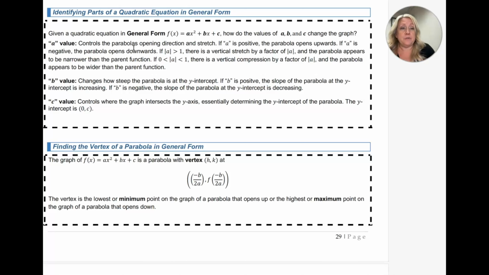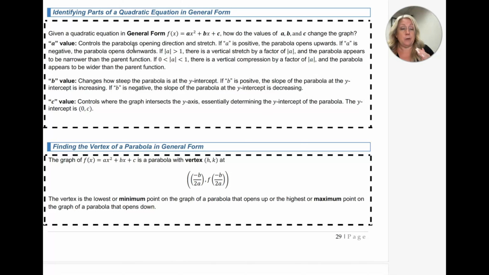The a value in this does the same thing that it did before. Now the b value is a little bit different, but it changes how steep the parabola is at the y-intercept. So if b is positive, then the slope of the parabola at the y-intercept is increasing. If b is negative, then the slope of the parabola at the y-intercept is decreasing.